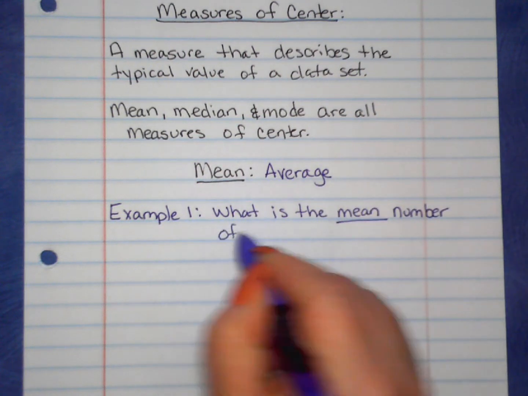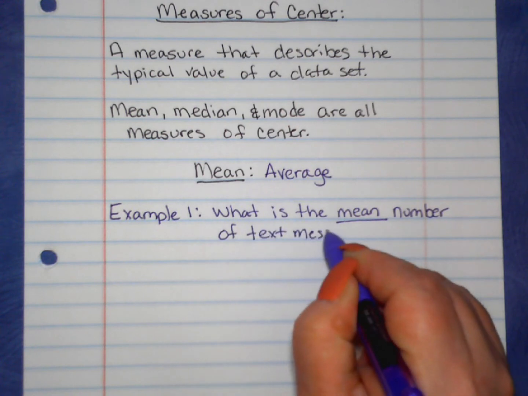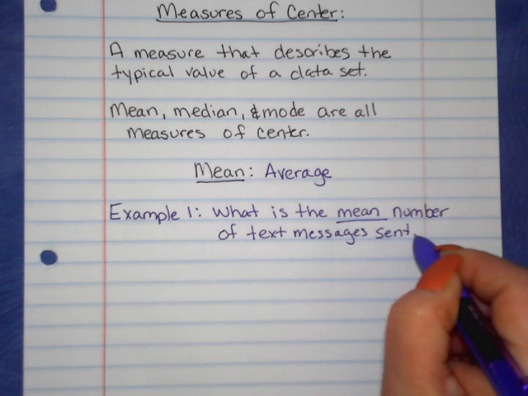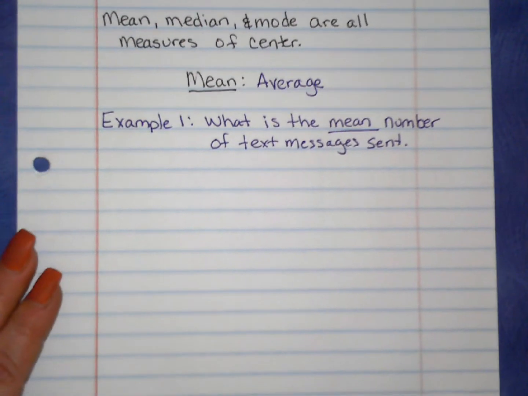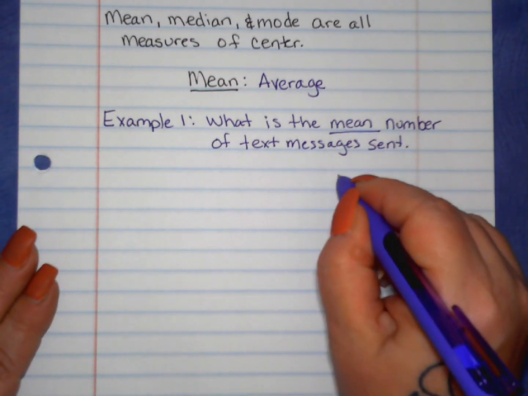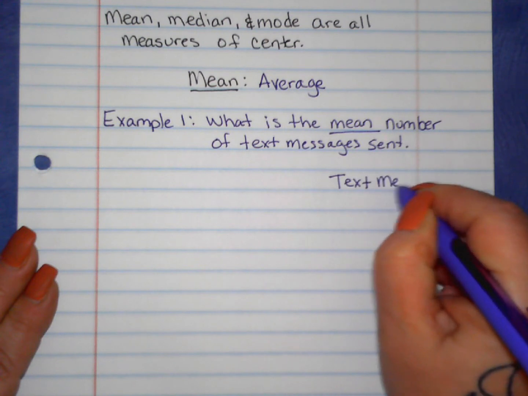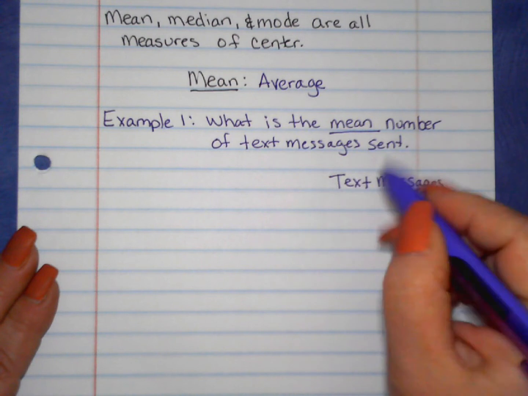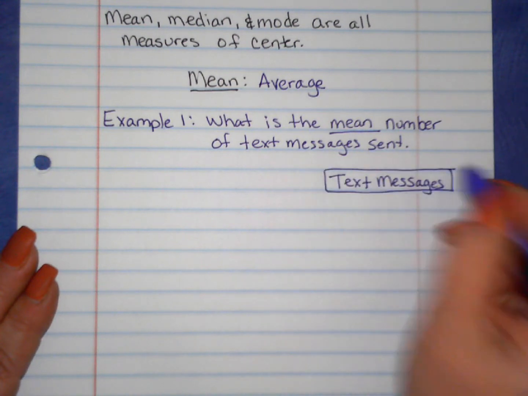Okay? And so we're going to do a little chart over here on the side. So text messages. And I'm just going to put that in a little box, and then we'll go right underneath it.